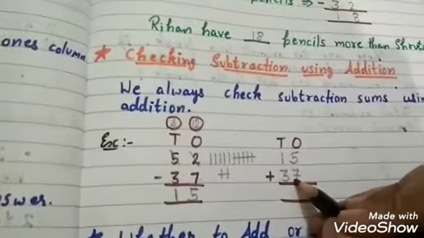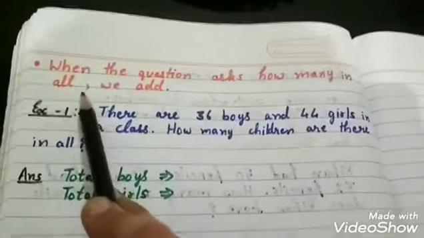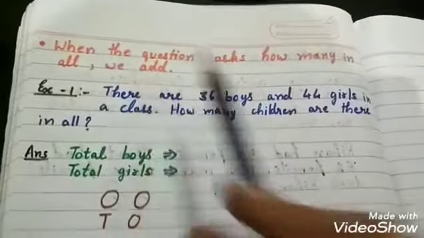Let's check out some examples and you will tell me what to do, right? First, there are 36 boys and 44 girls in a class, right? How many children are there in all? Right, this all. When this all comes, we have to add.